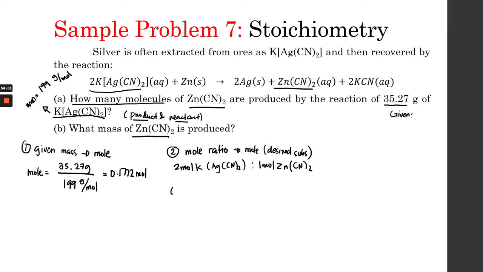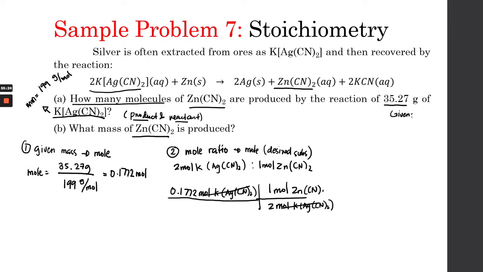Okay, so we have 0.1772 moles of KAg(CN)2 multiplied by 1 mole per 2 moles of Zn(CN)2.